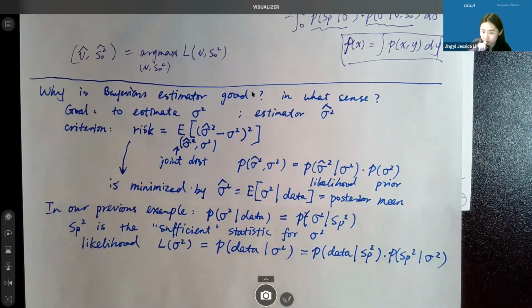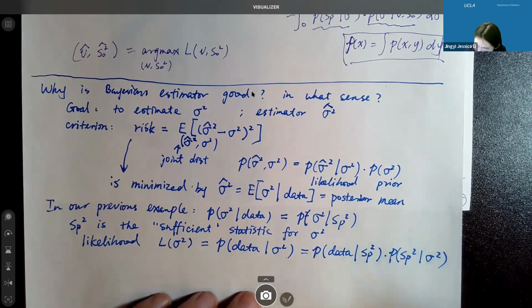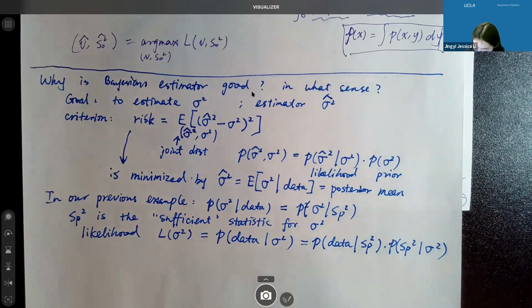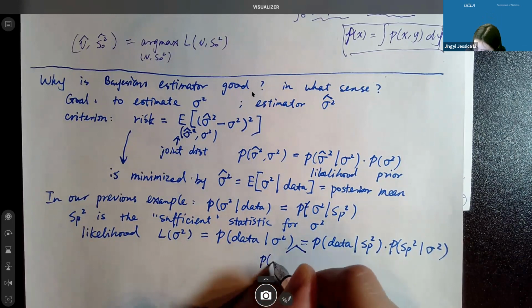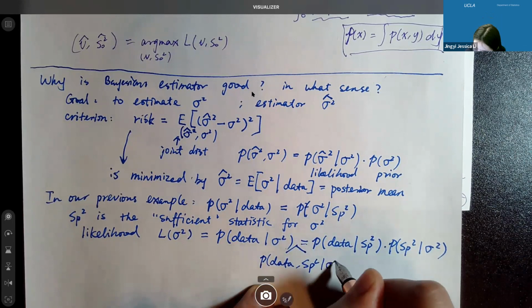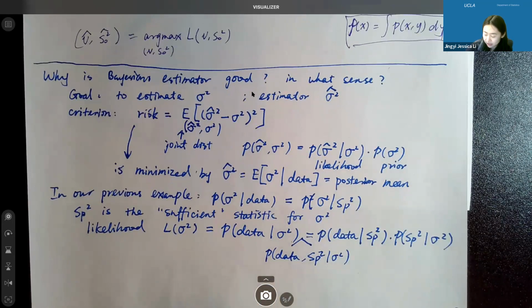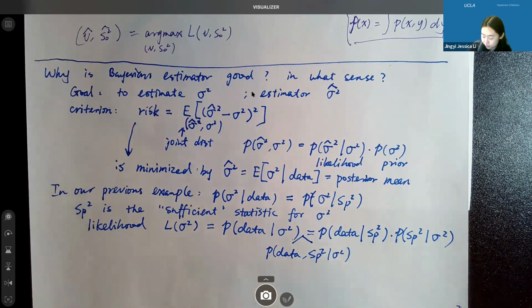So, if I do this directly, I actually skipped one step, and I should make it clear. I'm saying that this is equal to the joint density of the data and S_p squared given sigma square. The reason is that S_p squared is just a function of the data, so that's why I can put it here.